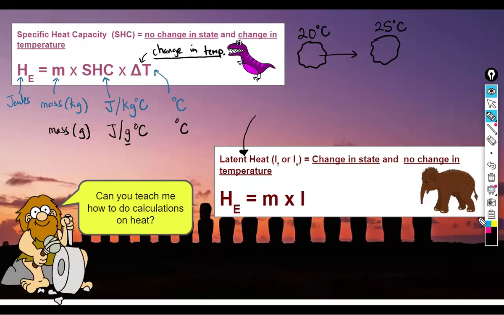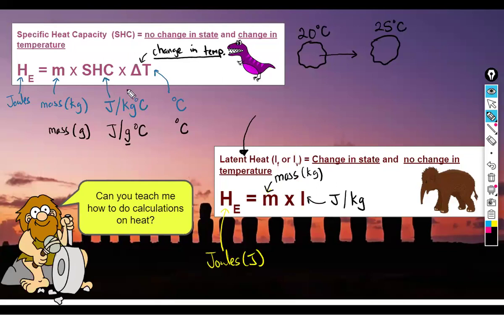To calculate the energy associated with that, remember, heat energy is always measured in joules, right? M stands for what? Mass, as usual, right? And usually the mass is in kilograms, and the latent heat is measured in joules per kilogram.